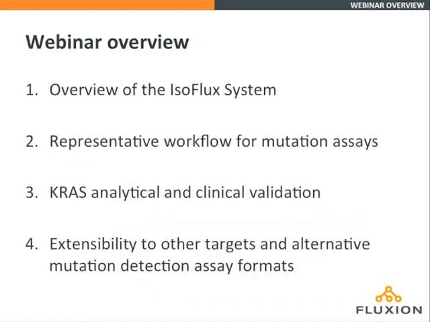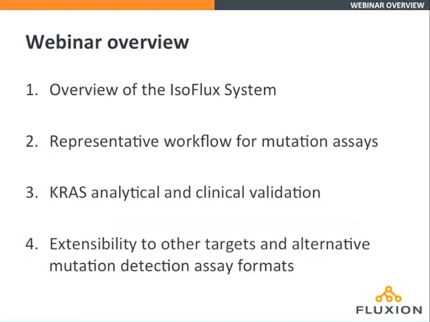So briefly, what we'll be talking about today, I'm going to start with an overview of the IsoFlux system, basically go through the design principles and the methodology we use to separate out circulating tumor cells from blood and other fluids. What we'll focus on afterwards is a representative workflow, a qPCR-based mutation assay.